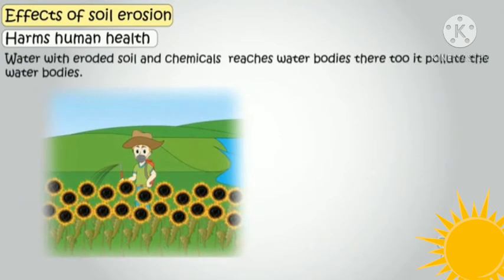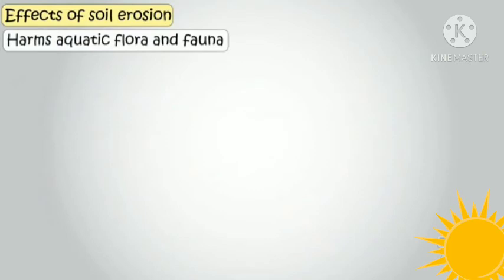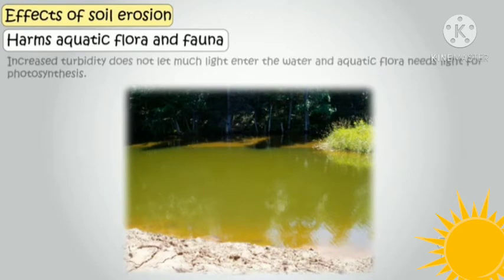Water with eroded soil and chemical-rich water bodies pollute the water bodies and harm aquatic flora and fauna. It also has an adverse effect on aquatic flora and fauna as the eroded soil ultimately reaches the water bodies and accumulates there, leading to an increase in water turbidity.